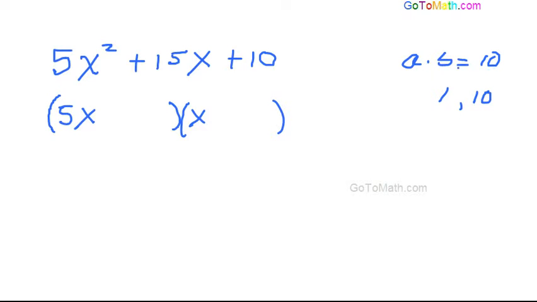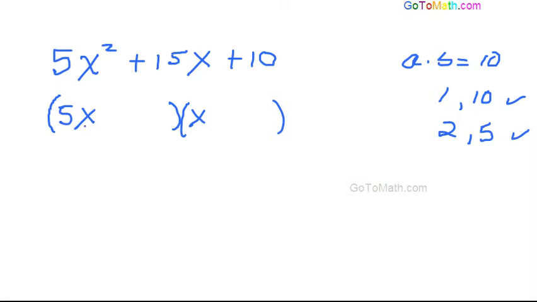In other words, A could be 1, B could be 10. But what are some others? Well, 2 and 5, because 2 times 5 is also 10. So these are going to be our possibilities: either 1 and 10, or 10 and 1, or 2 and 5, or 5 and 2.